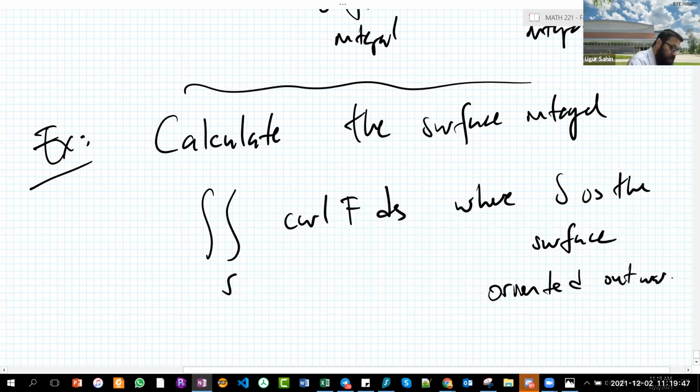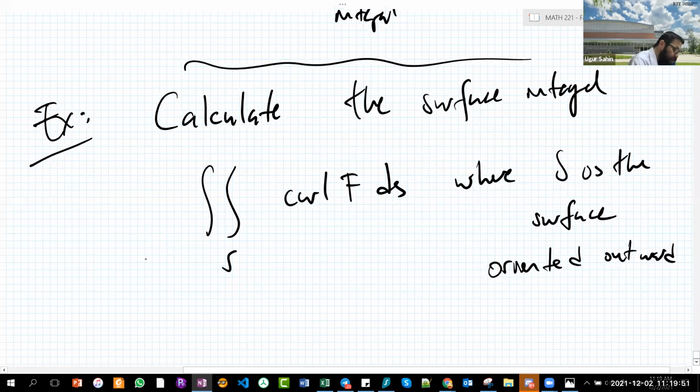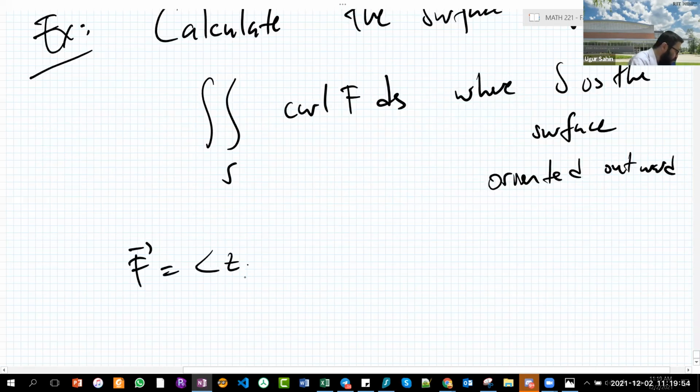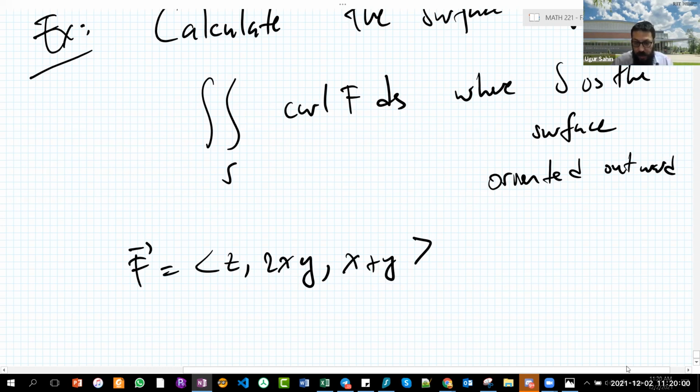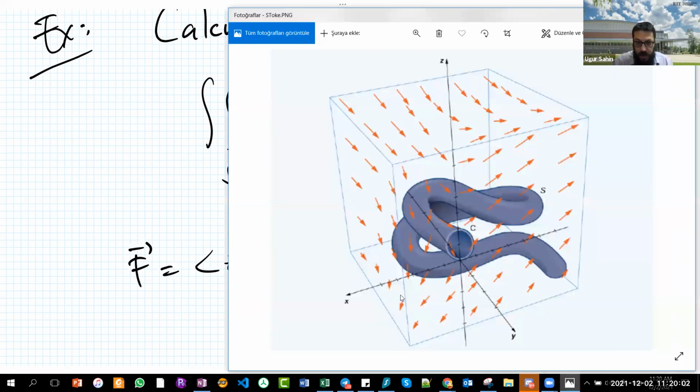I'm going to show you what the surface is now by a picture, guys. Don't worry. And F is given by this vector field: z, 2xy, and x plus y. Just give me 1 second so I can show you the surface.